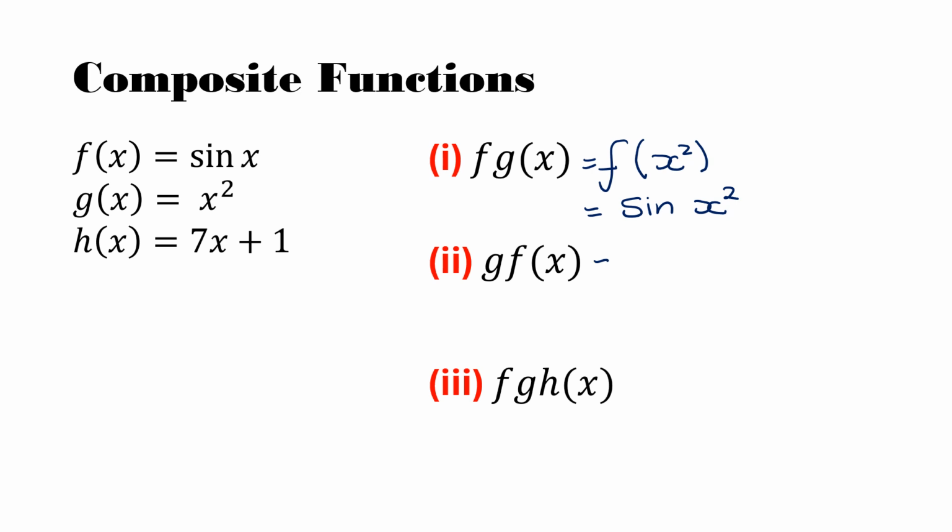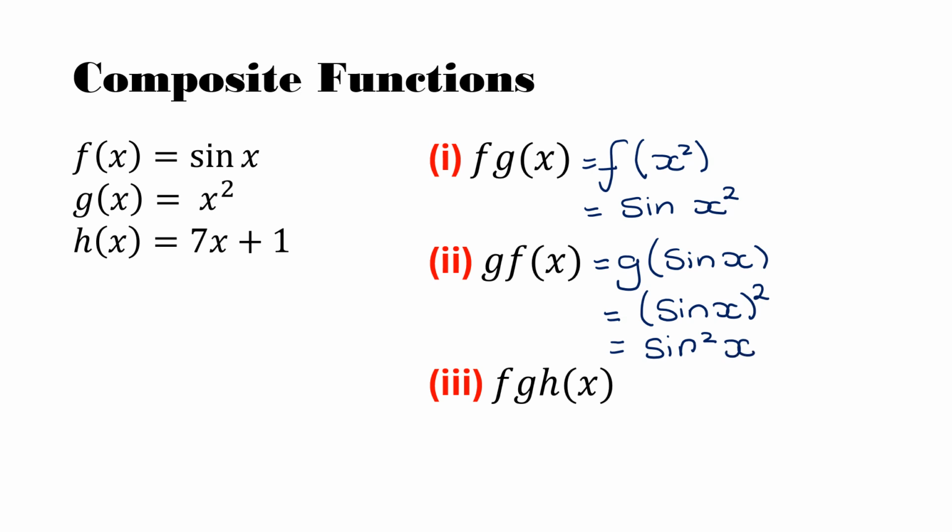Then we do g after f of x, which is g of sine x, and that is putting sine x in a bracket to be squared. Now, notation for squaring sine, cos, or tan moves that squared onto the word itself. So that's written as sine squared x. Part 1 and part 2, those two cannot be mixed up.